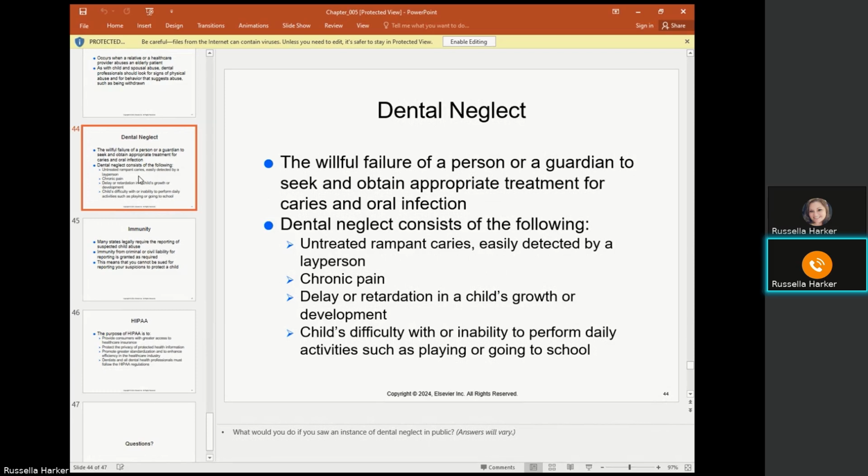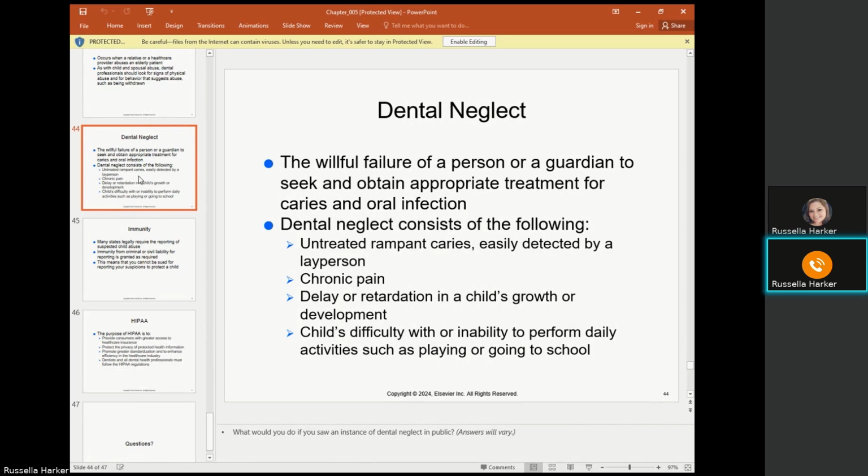So with dental neglect, because of not treating decay, it can get so bad that it can not only cause pain, but the delay in the child's growth or development could be from not eating. They could be malnourished because they are in so much pain that they're no longer getting the proper nutrition that they need.